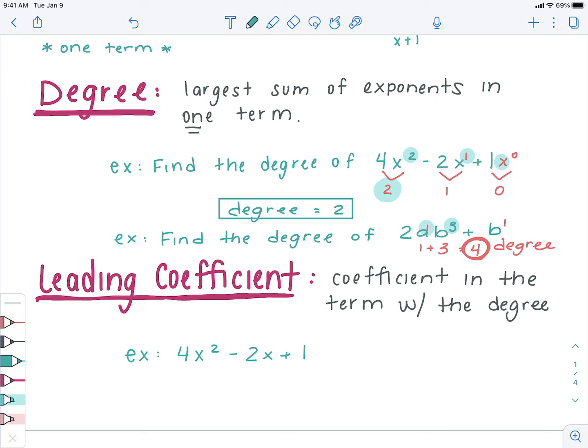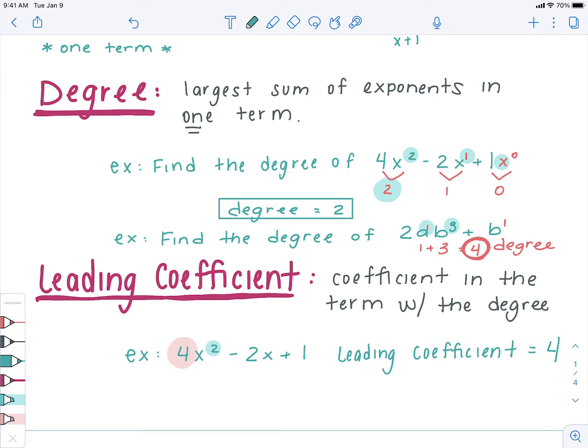So if we're looking at our first example of 4x squared minus 2x plus 1, we already said that our degree is 2, that our biggest exponent there was 2. So our leading coefficient is just the coefficient that's in that term, the number in front of the variable there. So here we could say the leading coefficient is 4.